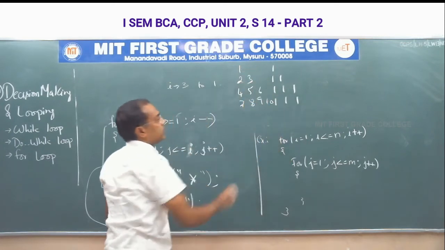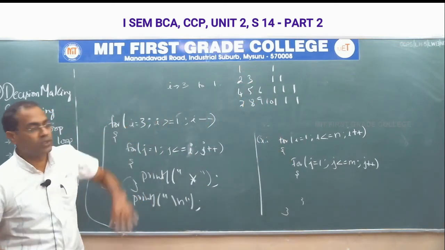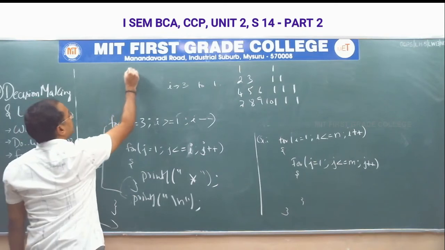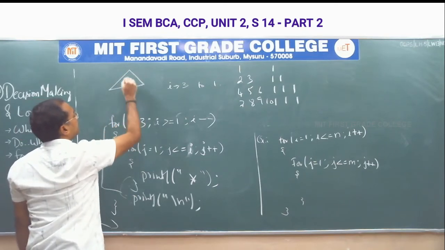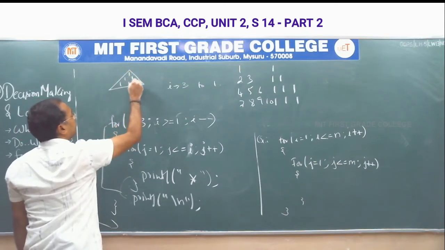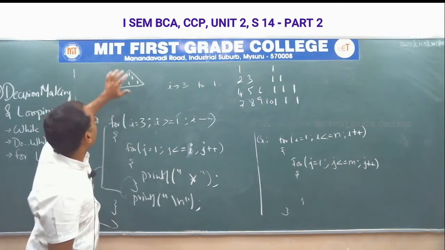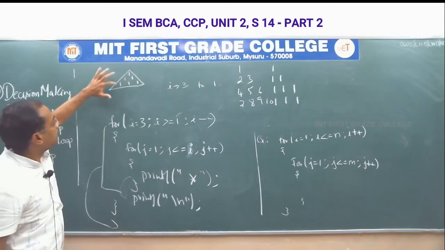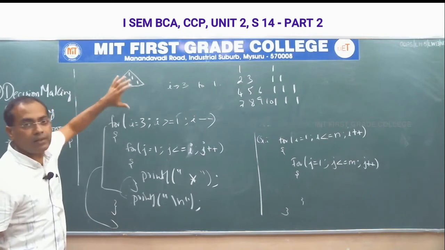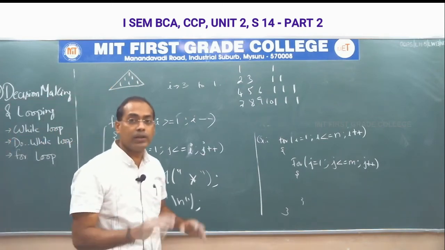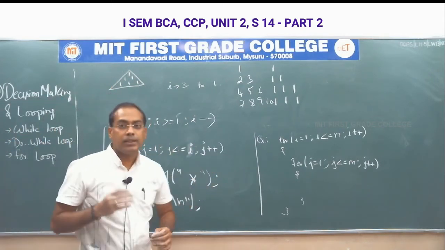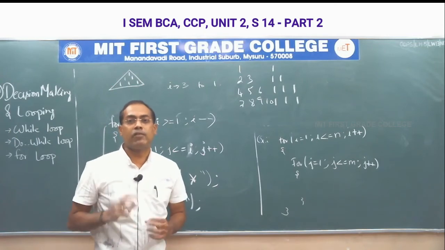So 1, 2, 3 instead of star. Please try to implement this and try to print it in this way. Also, it's like 1 in the exactly equilateral triangle format. Okay, I want the output to be like this. Try working on such kinds of problems.